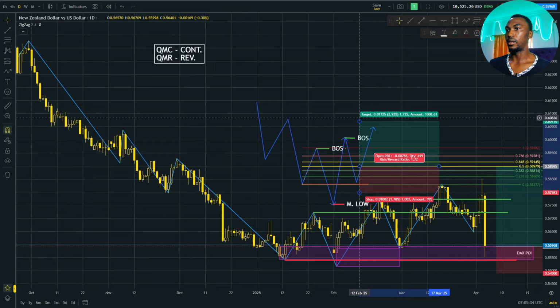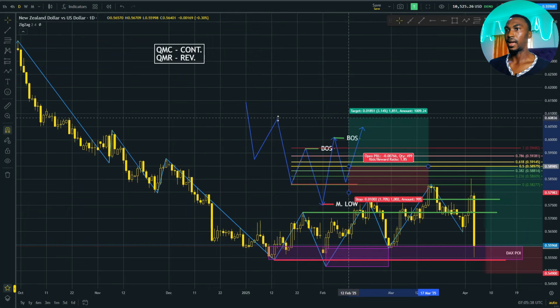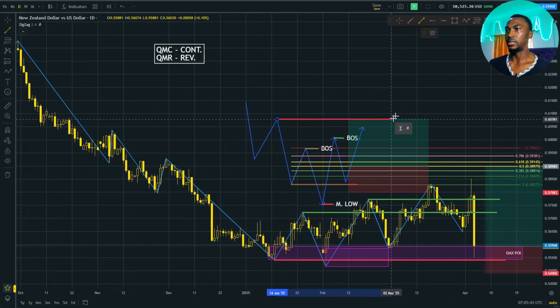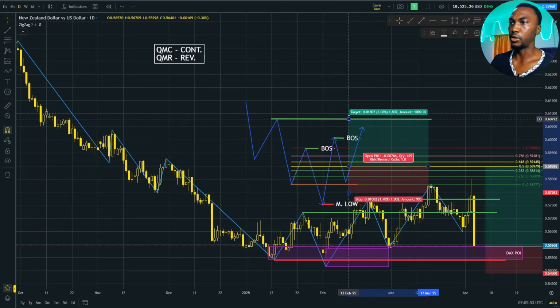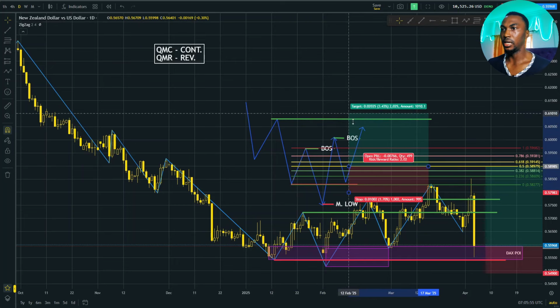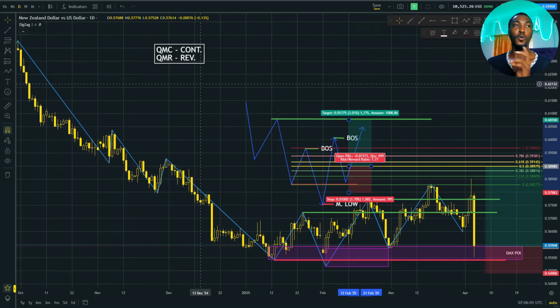They aim for maybe this high or the next high after that, or based on their calculation they could have a set risk to reward ratio, which could be 2, 3, 1.5, whatever. This is their own expectation. Now, that is for the Quasimodo reversal.